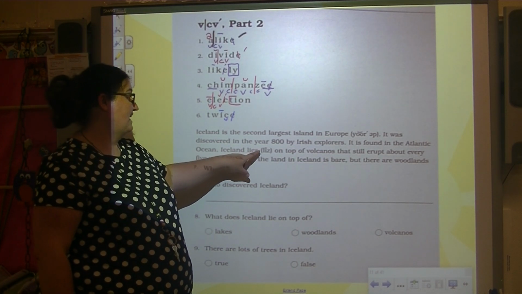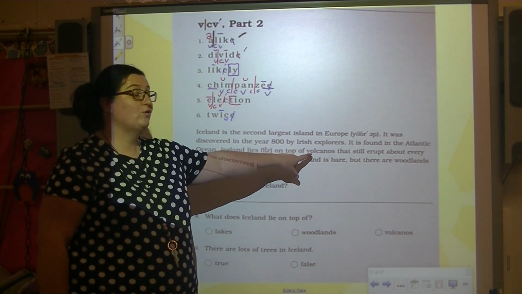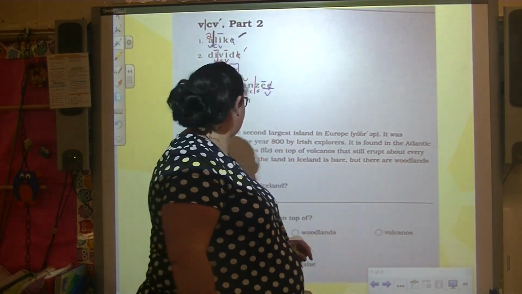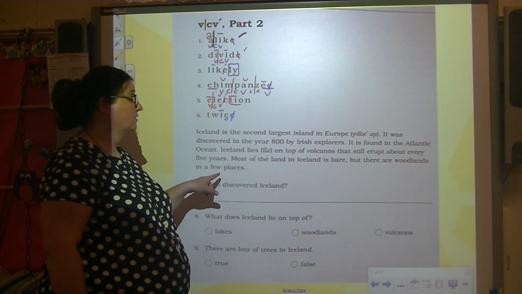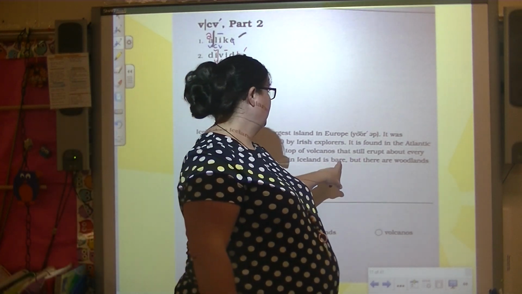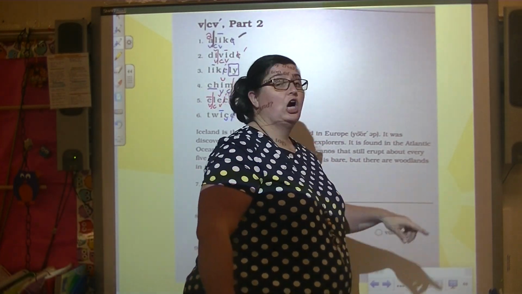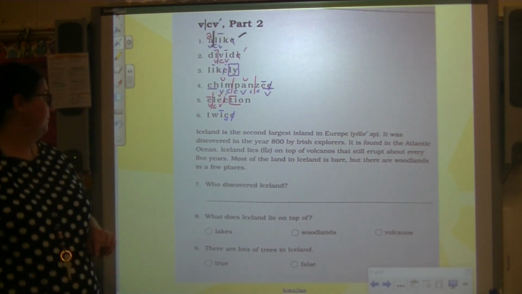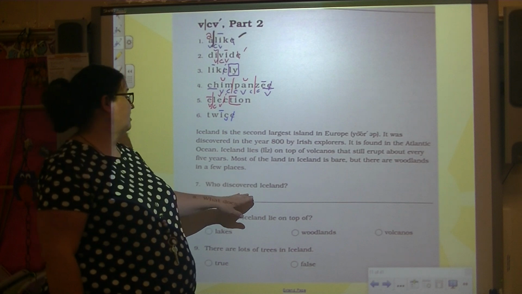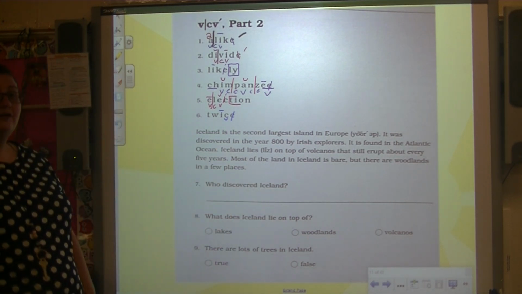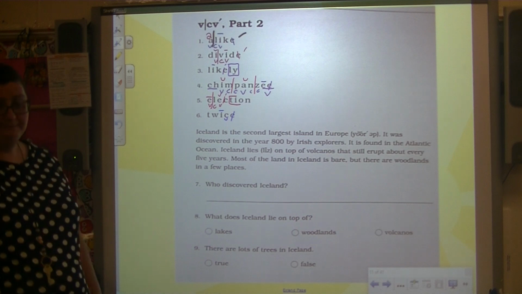Iceland lies on top of volcanoes that still erupt about every 5 years. Most of the land in Iceland is bare, but there are woodlands in a few places. Number 7, who discovered Iceland? Underline your answer and write it.